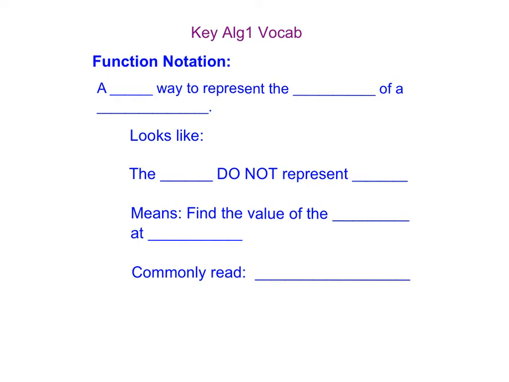Now in Algebra 2, there's some key vocabulary from Algebra 1 that we need to make sure that we know. The first is what is called function notation, and we will use function notation often to represent equations in our class. So function notation is, by definition, a fancy way to represent the y value of a function. So for example, we used to write something like y equals 3x plus 4.